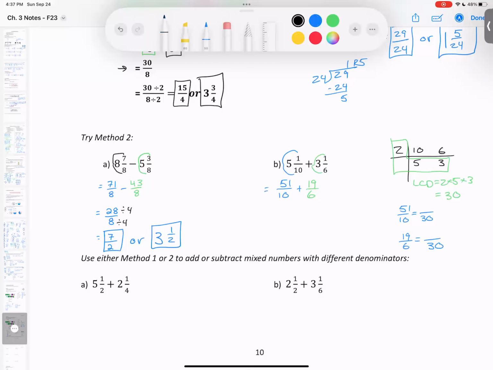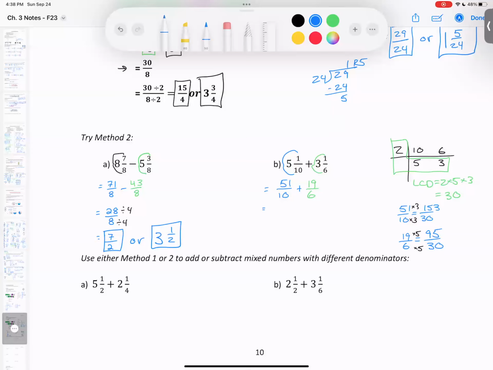Okay, and so here we'll multiply by 5. So 19 times 5 gives us what? 19 times 5, I get 95. And then on this upper one, we have to multiply by 3, which would give us 153.